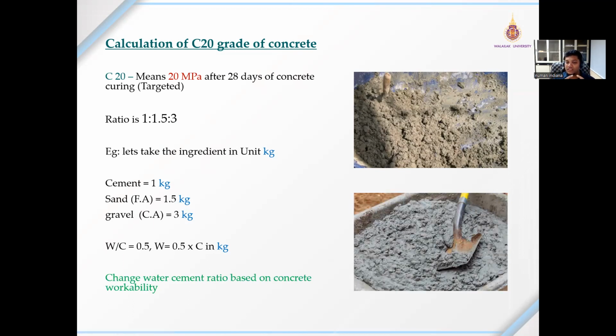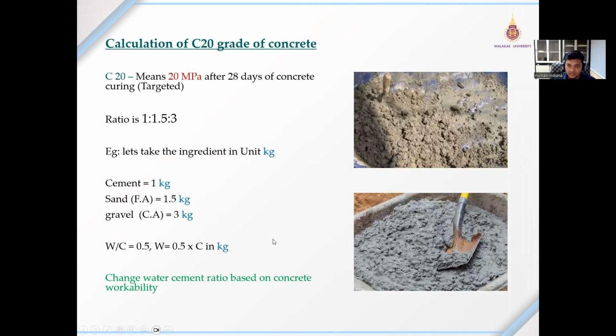We have a specific test for this, which we call the slump flow test, as a basic test, where you pour the concrete and see its workability. It should be within the guidelines of the British standards. You will understand this when you do the practical session.